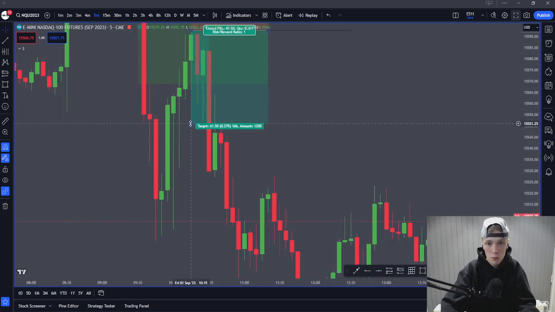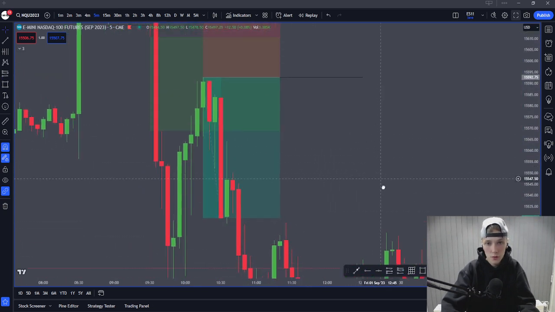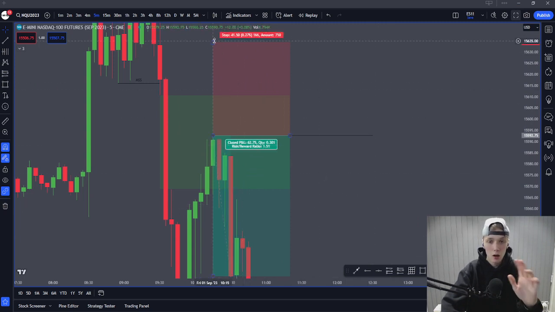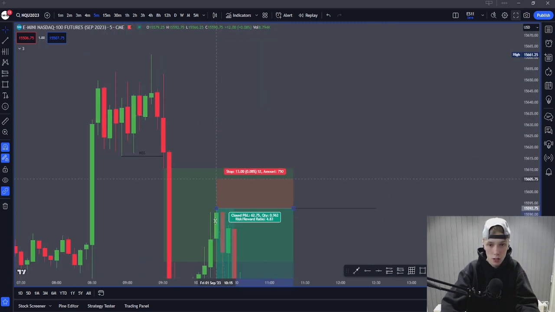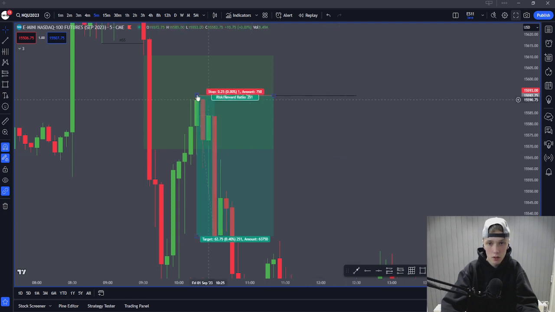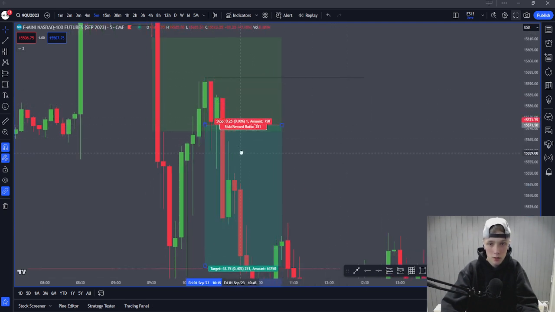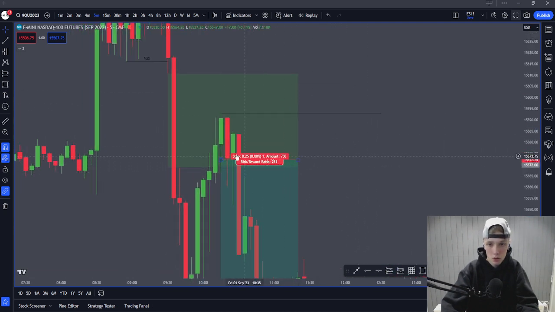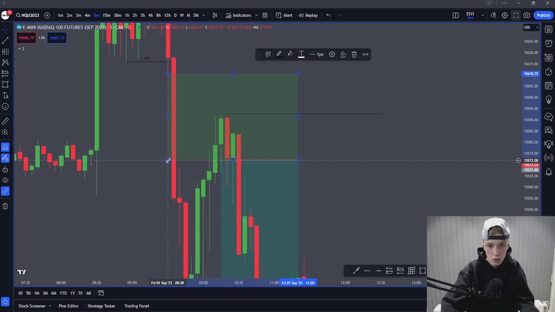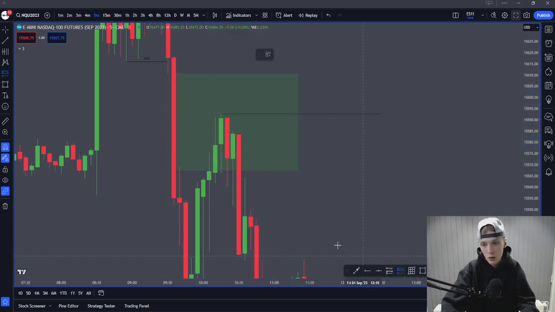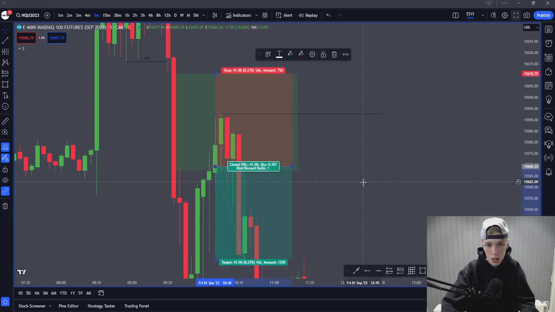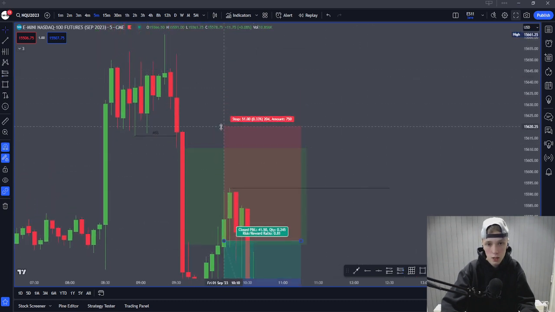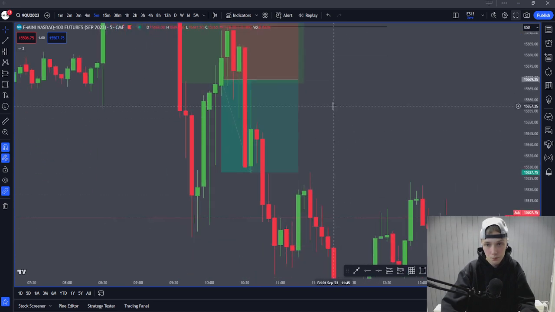So as soon as it displaces all the way down here, 250 ticks, immediately, like off the bat, you can just move your stop to BE, right? No drawdown. Even if you would enter here, for some reason, as soon as it touches this, you would enter. So you would enter on this candle right here. Your stop would be at this high right here.